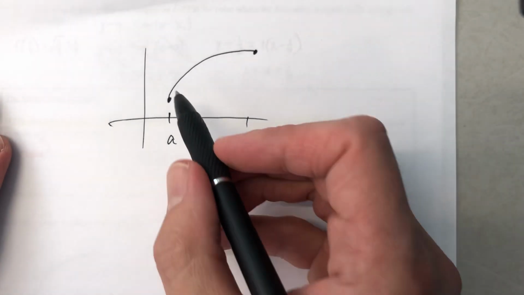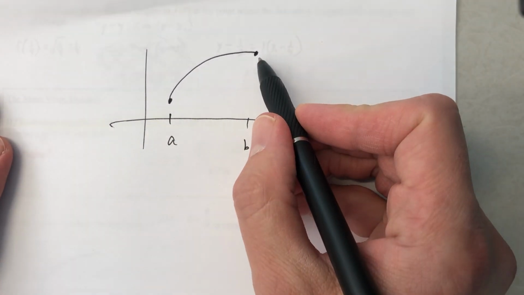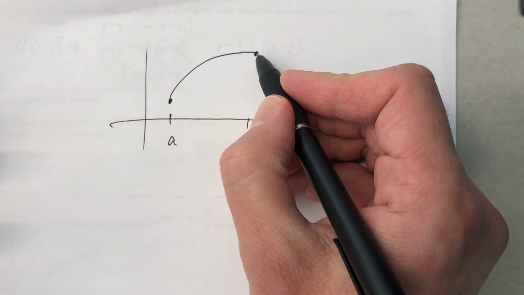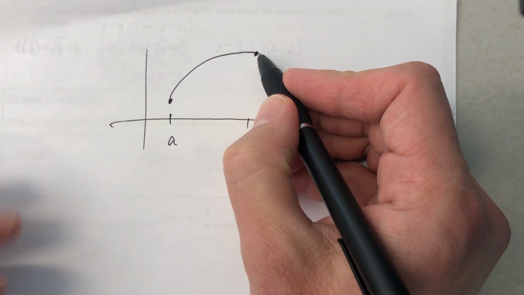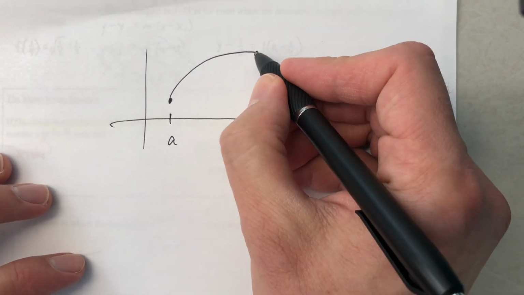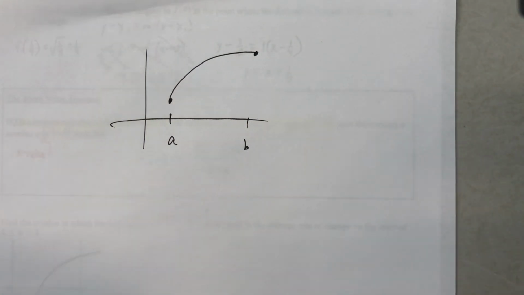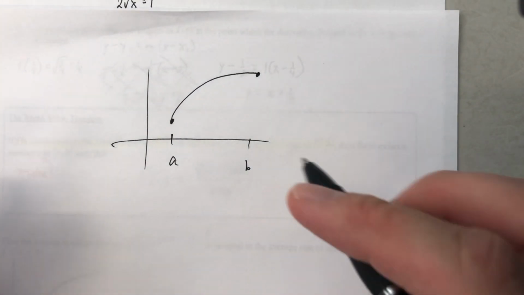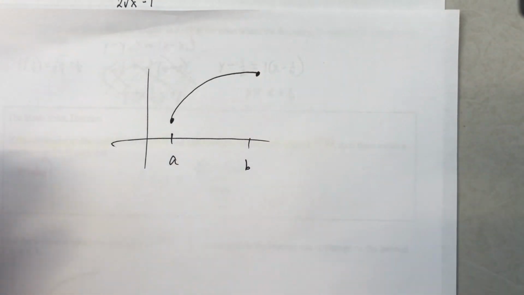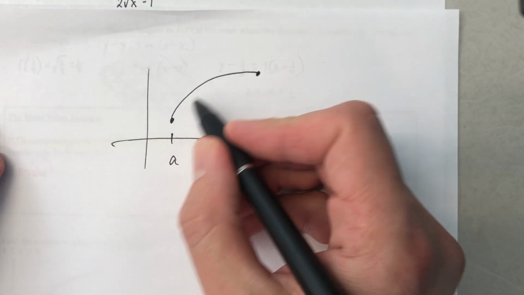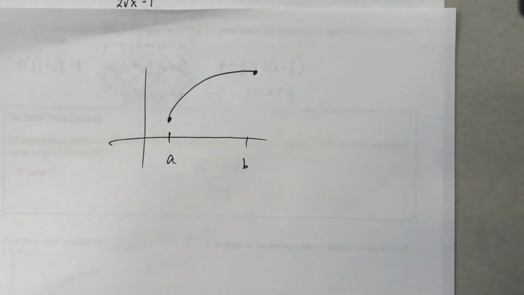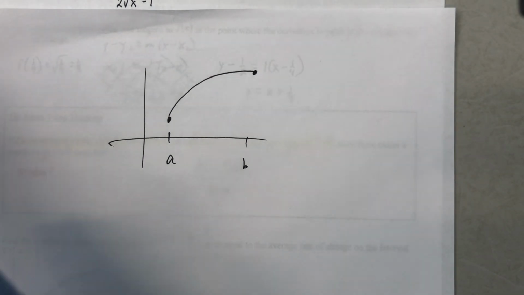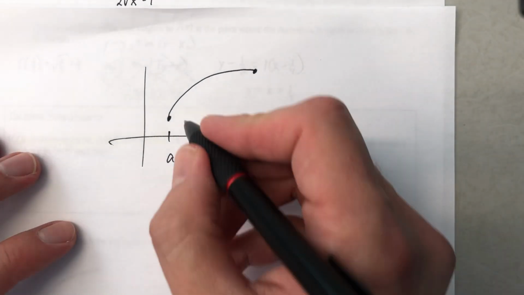I don't care about the slope at A or the slope at B, because if I wanted the slope at the endpoint of an interval, that doesn't quite work because I'd have to go beyond the interval. And if that didn't make sense, don't panic. I need continuity, and I need differentiability in between A and B. And as long as I have differentiability, then there is at least one C value.